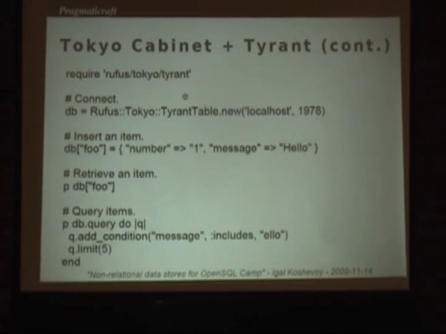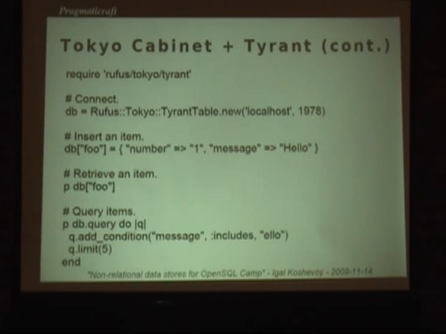Here's an example of what this looks like. Here we are saying, give me a database connection, and it's connected to a port. One of the things that's funny about the way this works: we saw Mongo has many databases and many collections per database, all within a single server. Tokyo Tyrant can have one on a port.